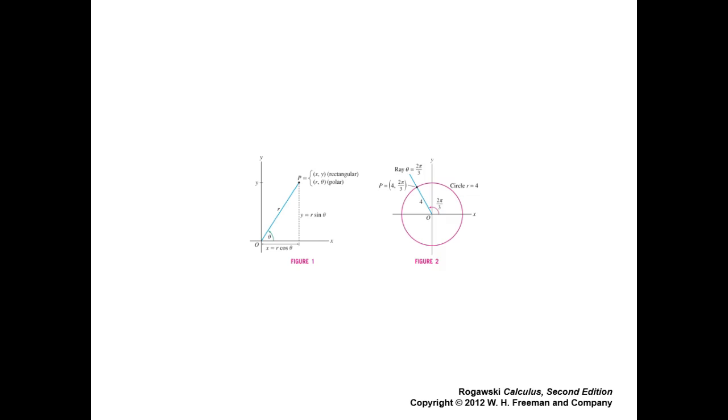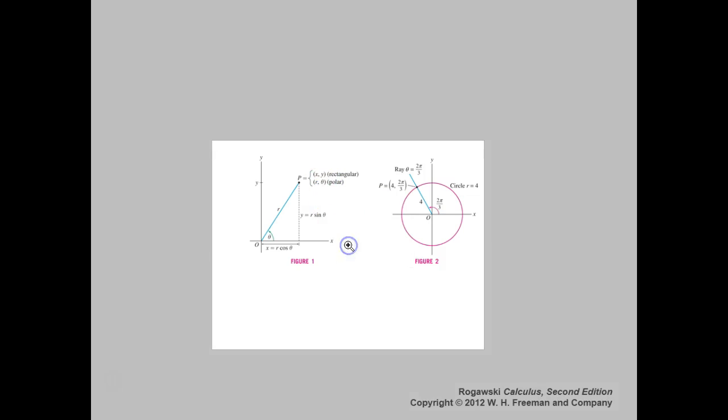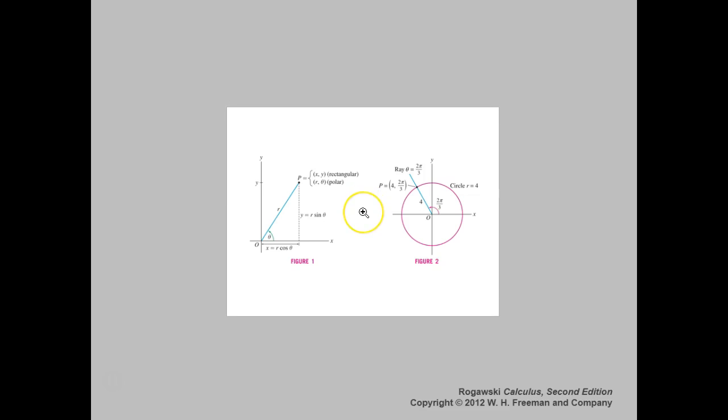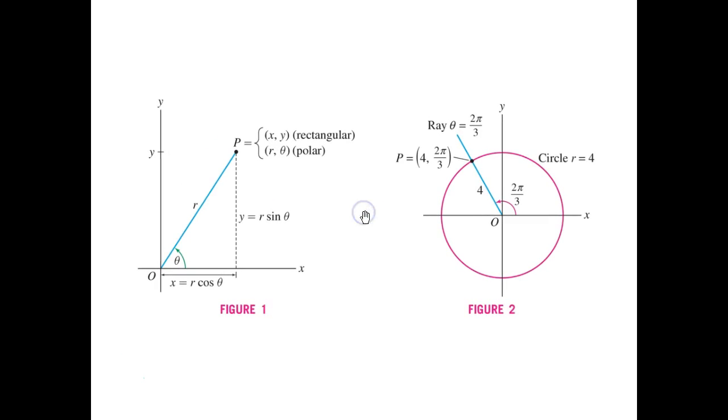Now, this is your XY coordinate system. Pretty familiar with it. What's another name for that? The XY coordinate system is also the Cartesian, named after who? René Descartes. He was a great mathematician, but also a pretty powerful philosopher.